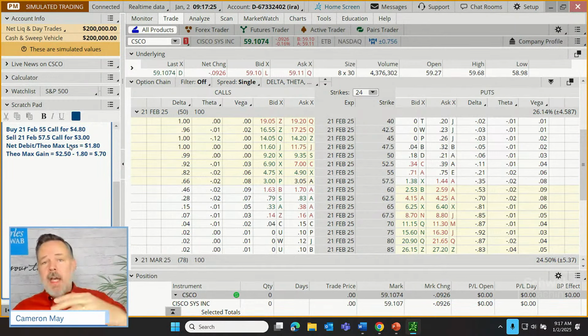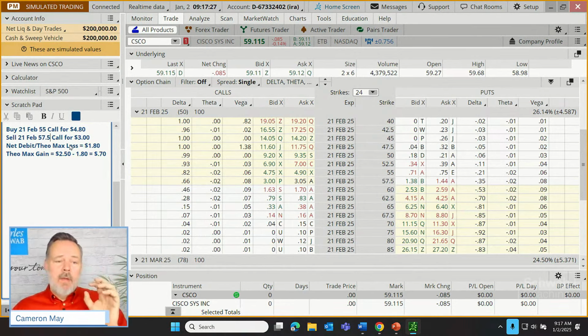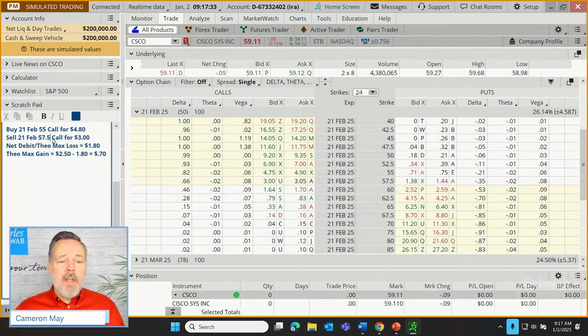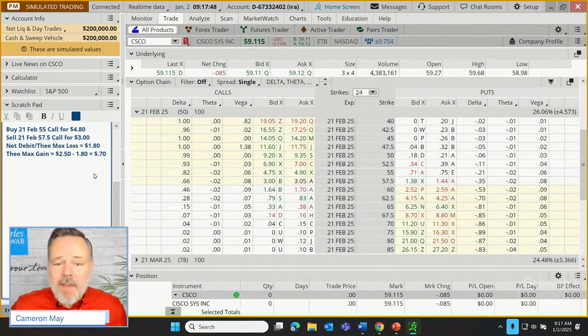If it's still up there at 59 and these contracts exercise and the 57.50 short call is assigned, we buy the stock for 55, sell it for 57.50, that's a $2.50 gain minus what it costs to set this trade up. That's our 70-cent gain. So this is a trade with a higher probability of success than failure. So for some, they prefer that sort of a scenario.